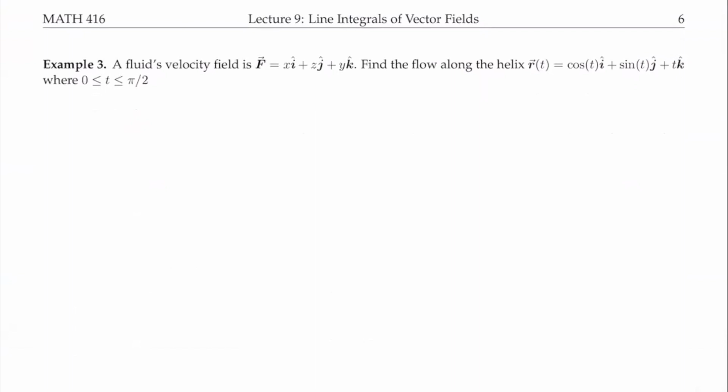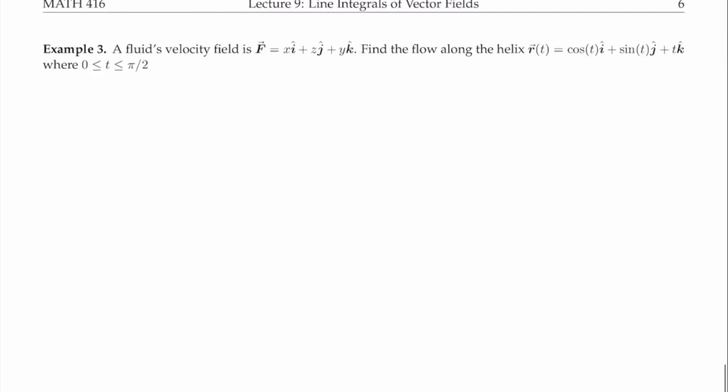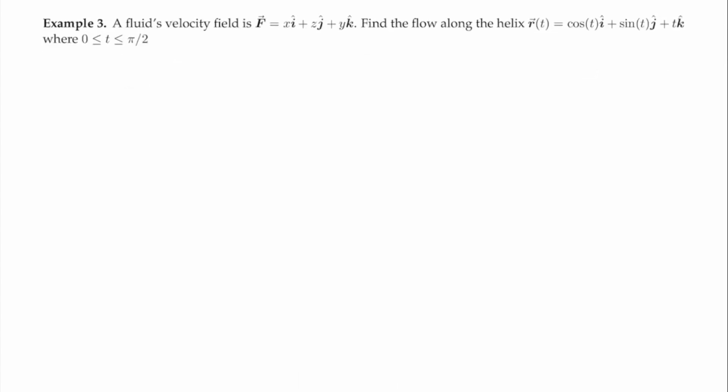I cannot show you the simulation for this example because this is a three-dimensional vector field, and it becomes very crowded, really hard to visualize, and takes up a lot of memory to put on the screen. But basically, let's say this is a three-dimensional vector field, and you have a helix going like this, immersed inside a fluid.